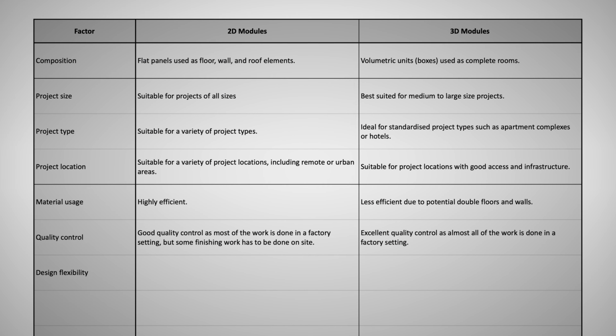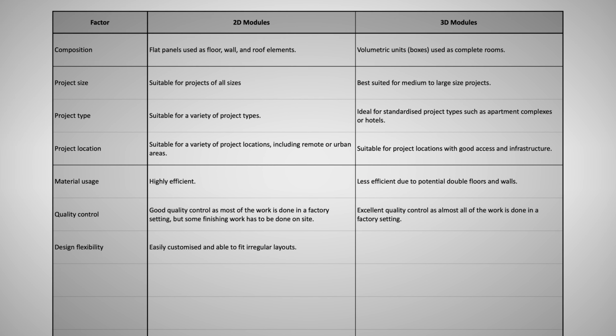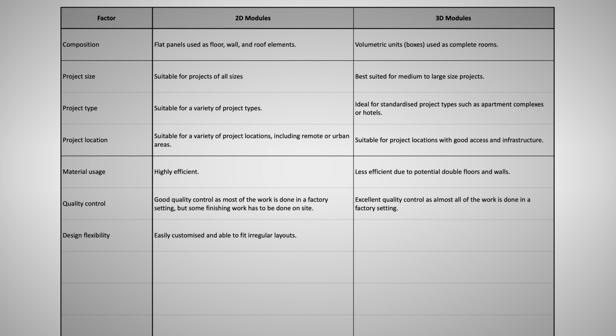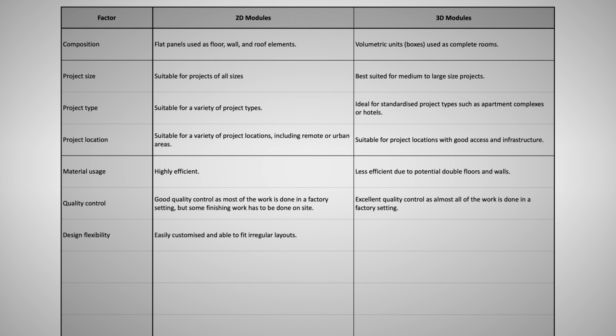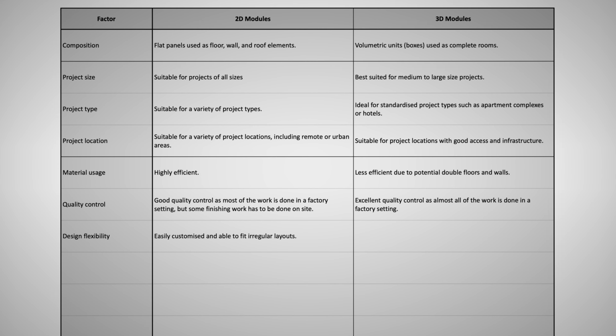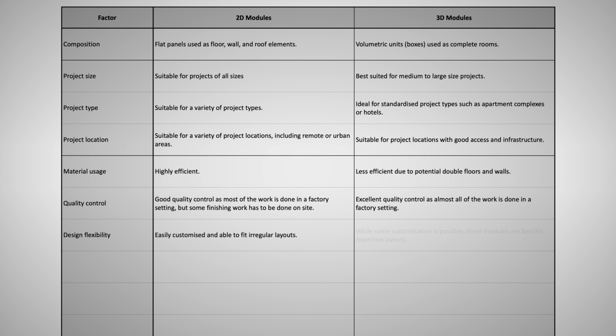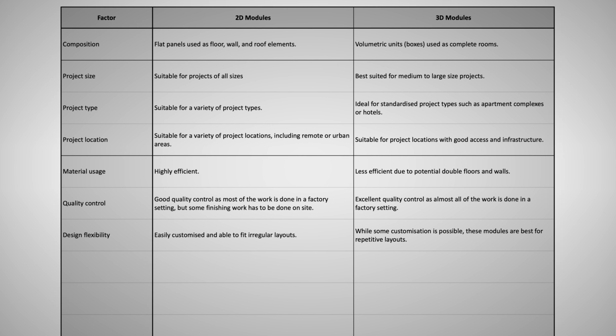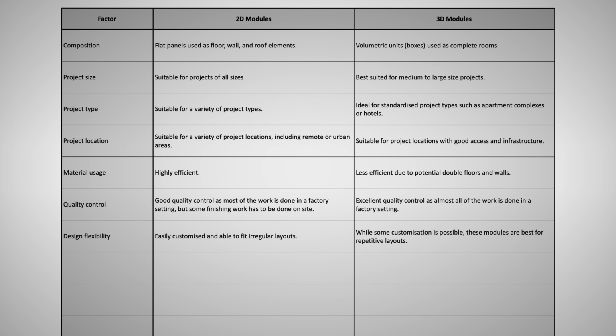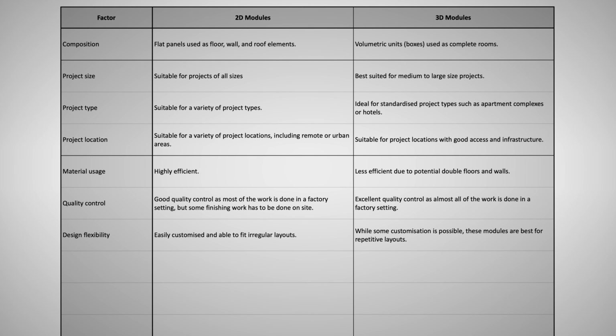Now, let's address design flexibility. 2D modules stand out in this area, as their flat panels are easy to customize and can accommodate irregular layouts and unique architectural designs. On the other hand, 3D modules are better suited for standardized and repetitive designs, offering limited flexibility for irregular layouts.